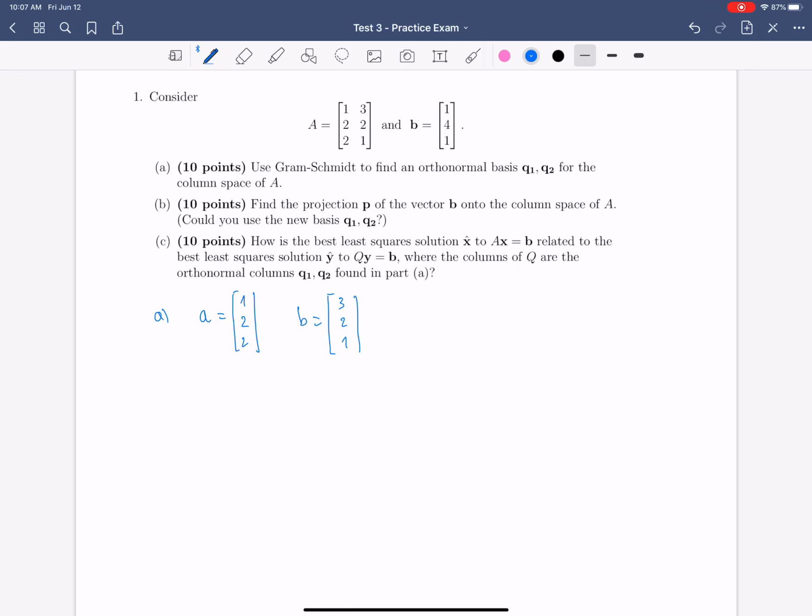So the process for Gram-Schmidt says A is the same A. This is us trying to set up an orthogonal basis.